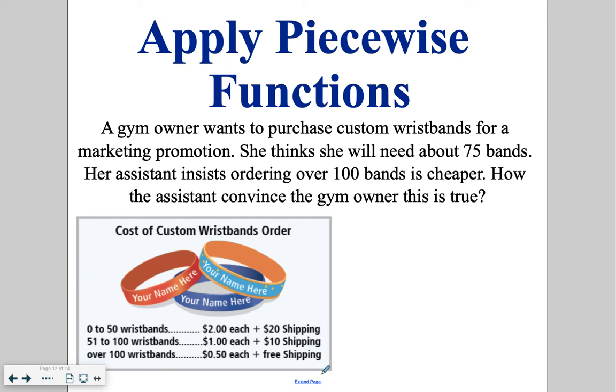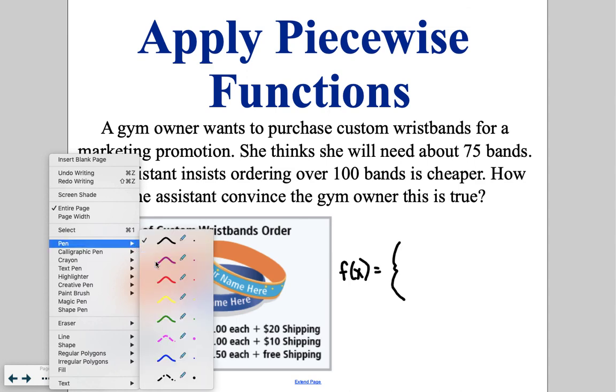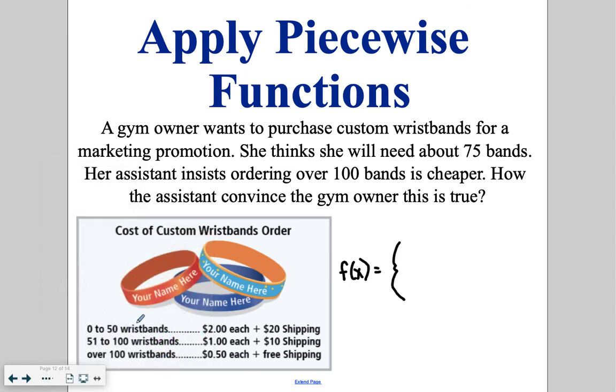So your first job, if you're going to apply a piecewise function, is to write a piecewise function. So we've got f of x is equal to, and then we need our function. We need to translate what they have here into a function that we can solve. So it says 0 to 50 wristbands, $2 each, plus $20 for shipping.